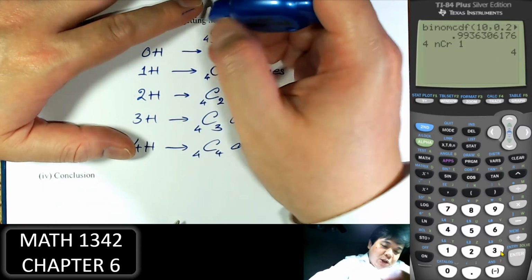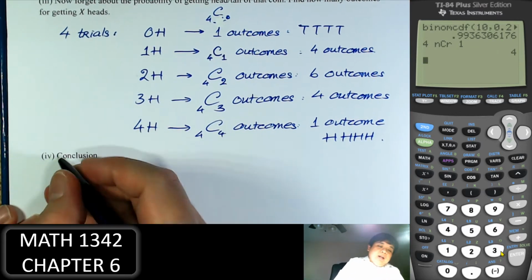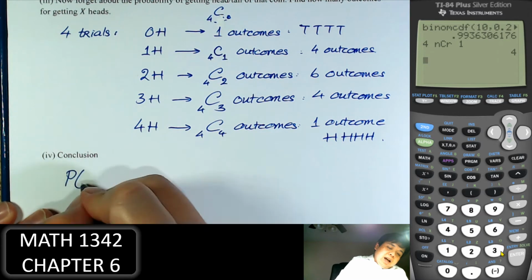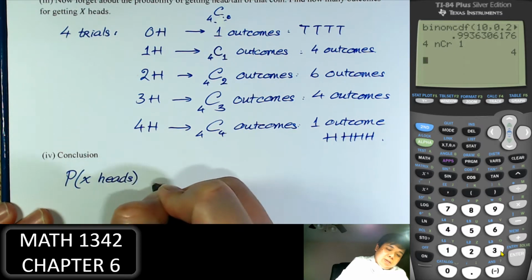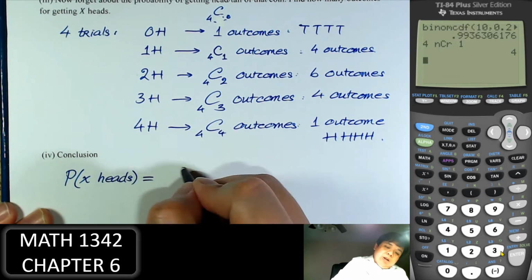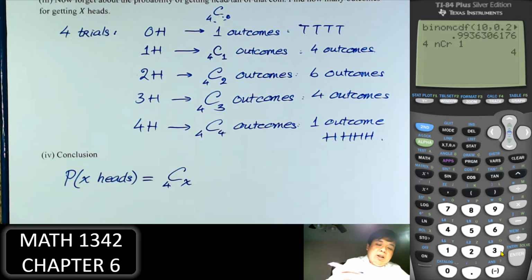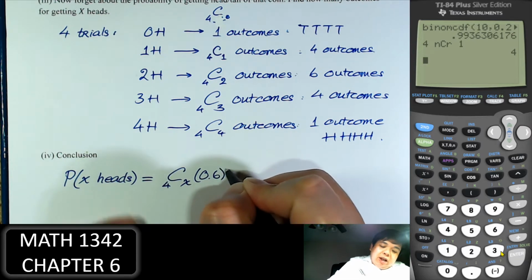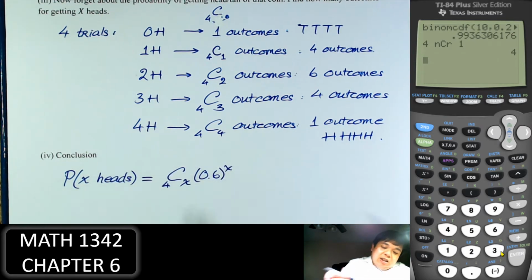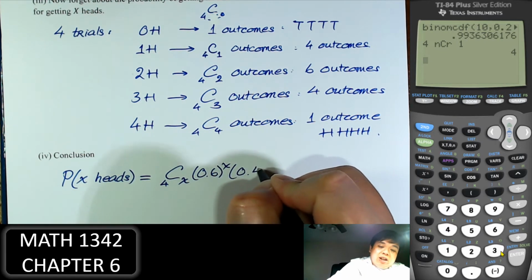Right. So with that, we can come up with the probability of getting X hat: how many ways to choose X hats out of 4, and when we have X successes, 0.6 for getting a head and 0.4 for getting a tail.